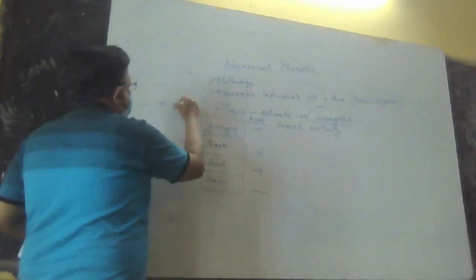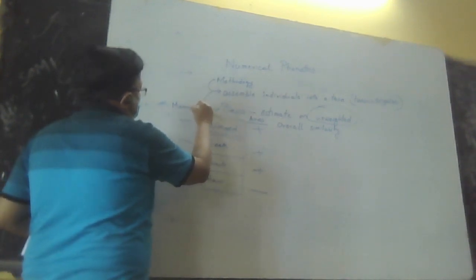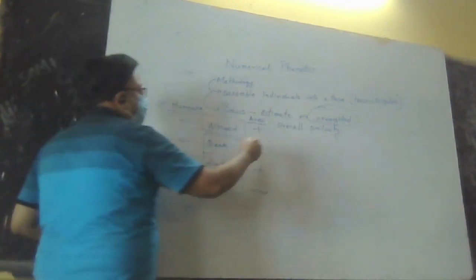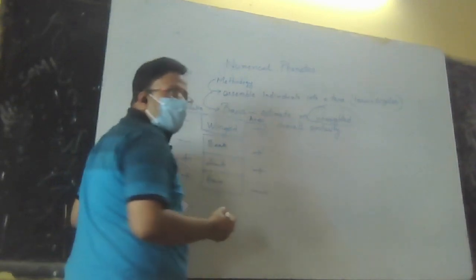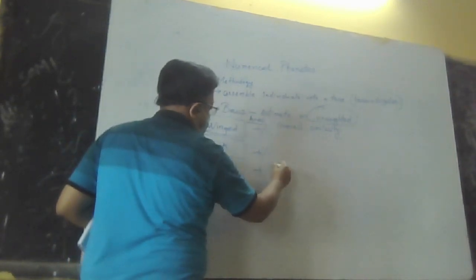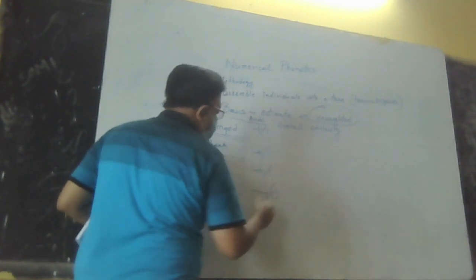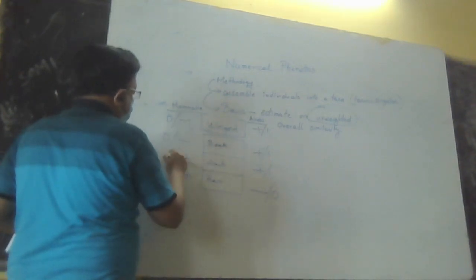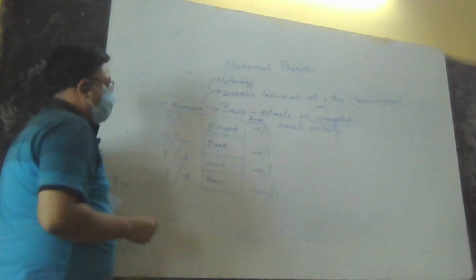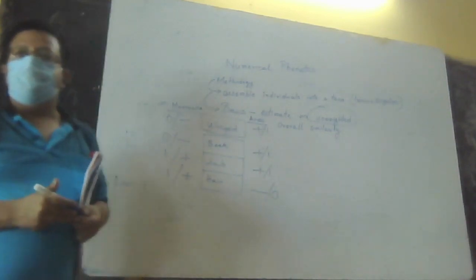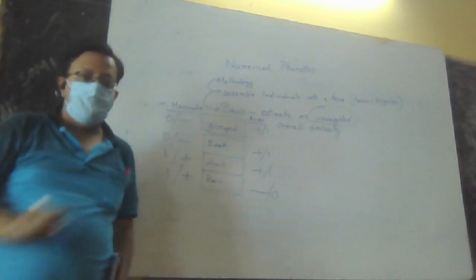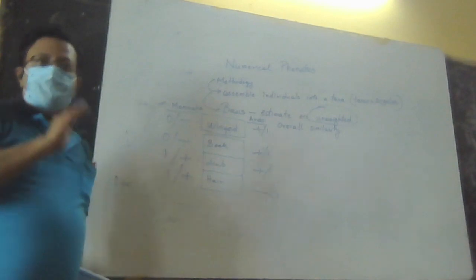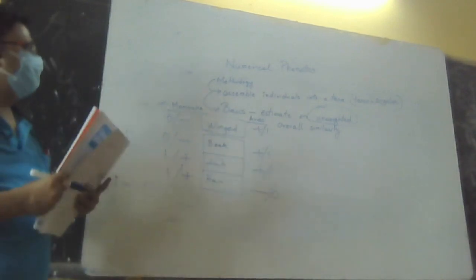You put them under another taxon. You can also write 1 instead of plus and 0 instead of minus, so 0, 0, 1, 1. This type of thing is what you do in numerical phenetics. In former times this was a very important way of identifying and classifying organisms.